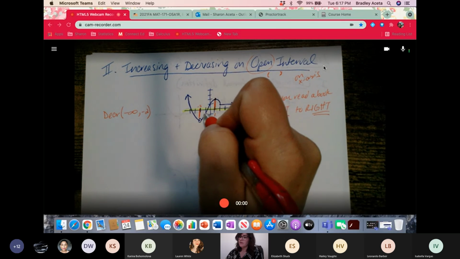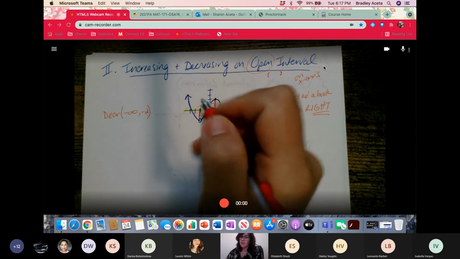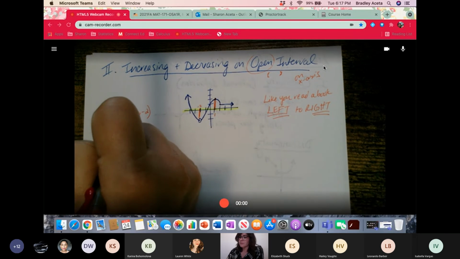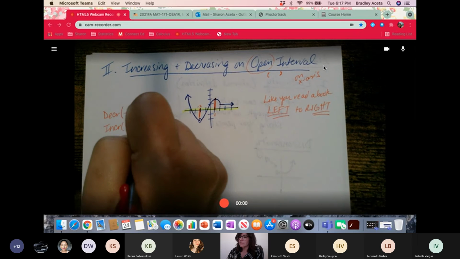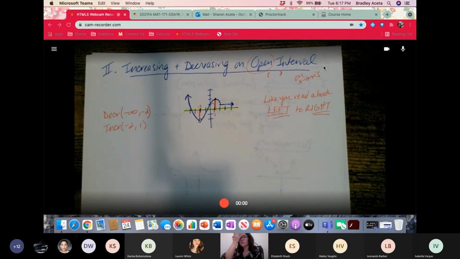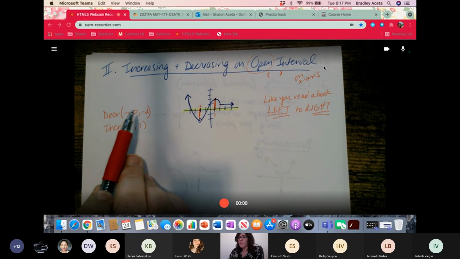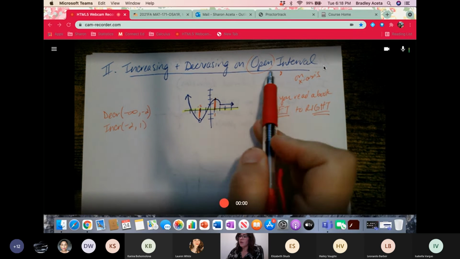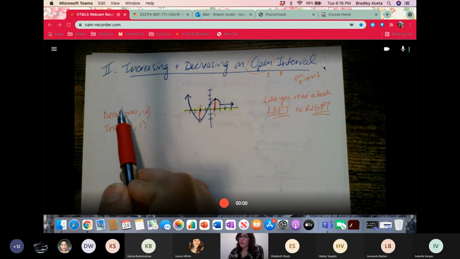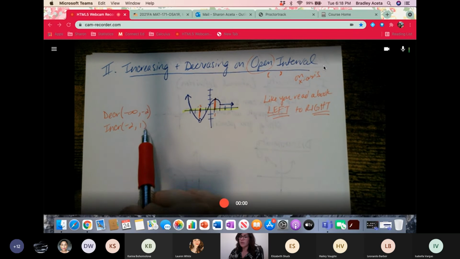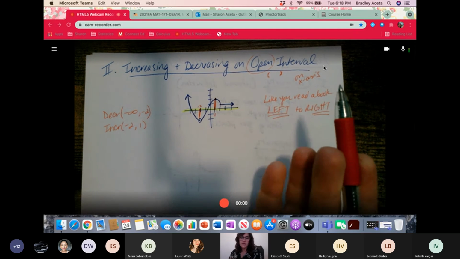So from -2 to 1, I'm increasing. So notice again, it's always low, high, low, high. And it goes in order and it always repeats itself. And all of these are open. Don't put a bracket. It's all open. So it's going to be really nice for you.